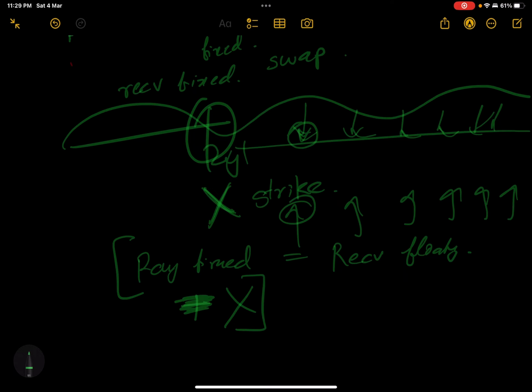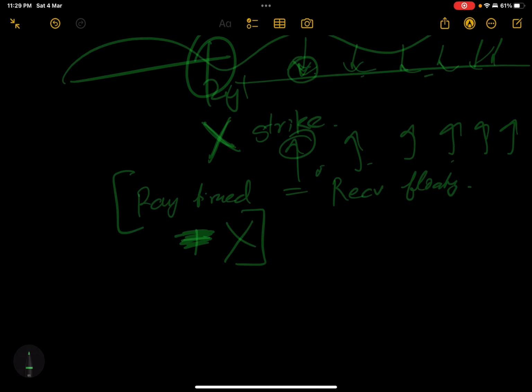Since I have this free option, I can technically pay a higher rate than a normal 5 year swap. Because at the end of 2 years, I can exercise this option so as to cancel all these flows. When I exercise this option, all the flows which were getting paid get cancelled by this receiver swaption.